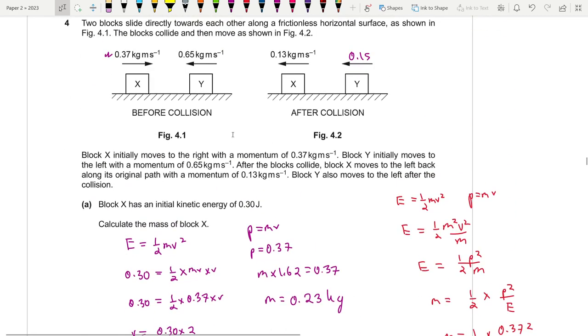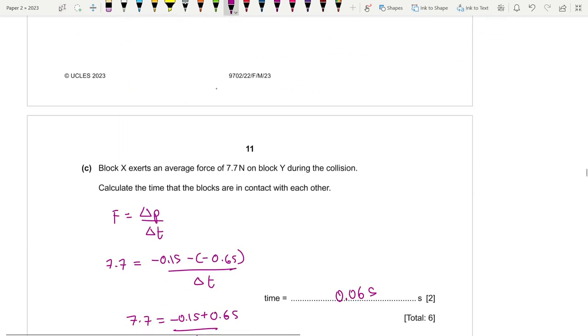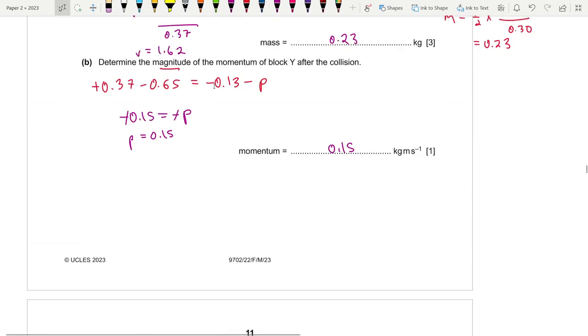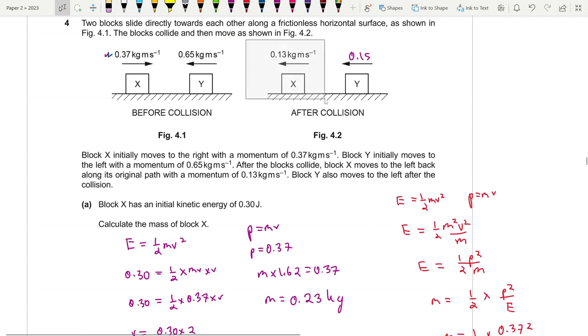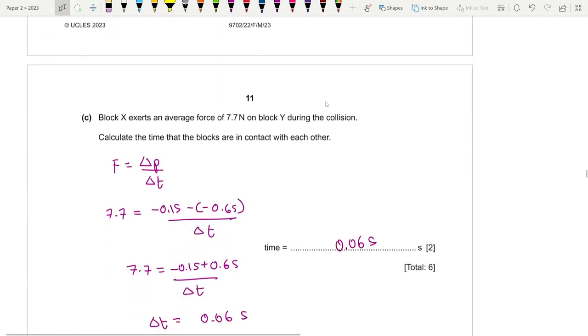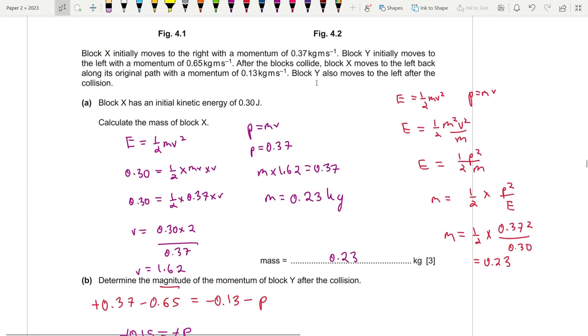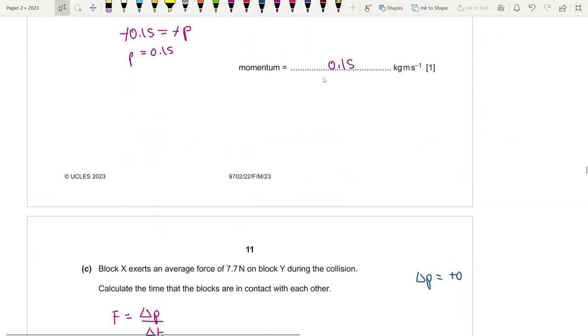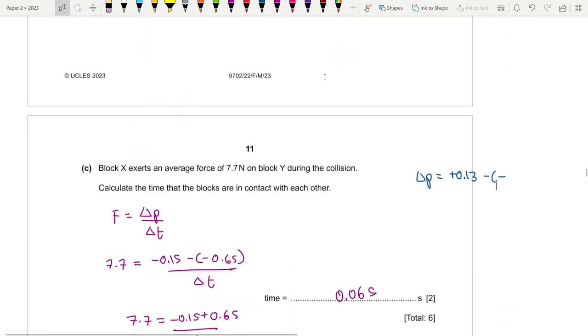You could also do it using X. It changed from plus 0.37 to minus 0.13. Check this. Plus 0.37 to minus 0.13, right? So if you consider this value to be positive, the net change del P is equal to plus 0.13 minus what was the initial, 0.37.